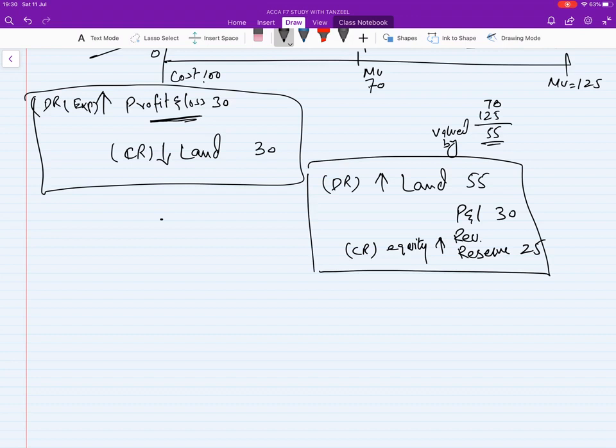So you can see it was being valued by 55. The land was increased by 55, and profit and loss, you need to reverse this loss here, and the rest you can take into reserve.